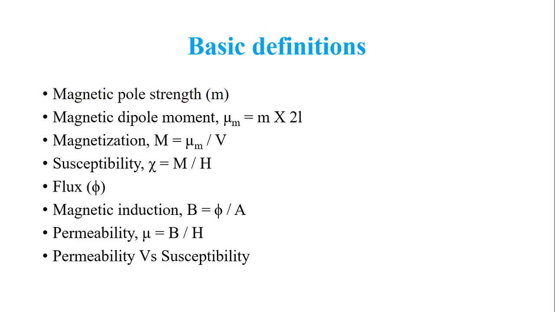So permeability is the ability of the material to permit or to allow the magnetic lines of force to pass through it. Whereas susceptibility is the ability of the material to get magnetized because of these lines of force. So the lines of force have entered the specimen, no doubt. Their job is to magnetize the specimen.